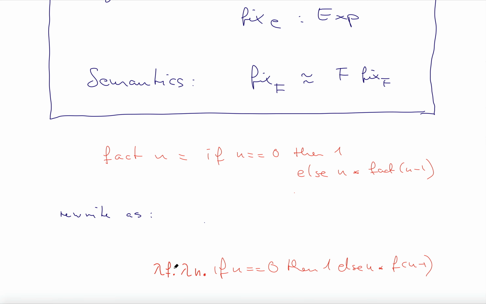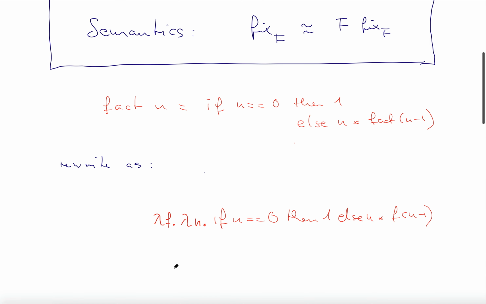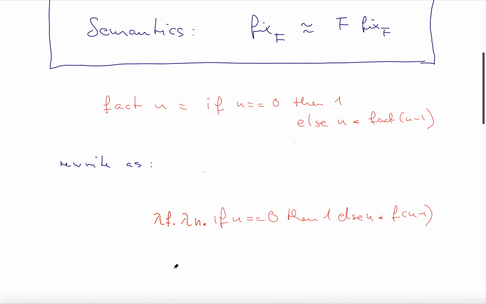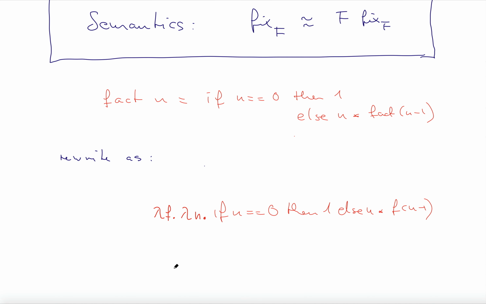And so the really cool idea here is that to compute the factorial function, it doesn't really depend on what f is at all. In fact, what we can say is that the factorial function is the fixed point of this expression. So the capital F that appears above in the semantics is this capital F here.